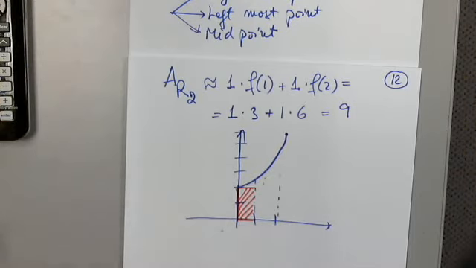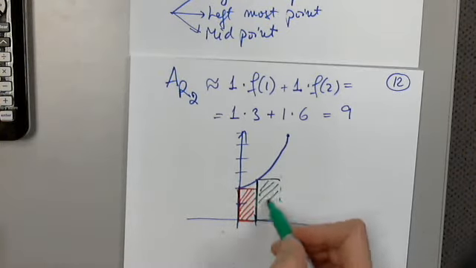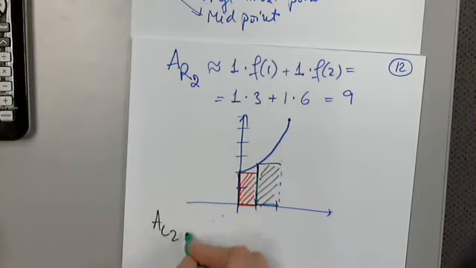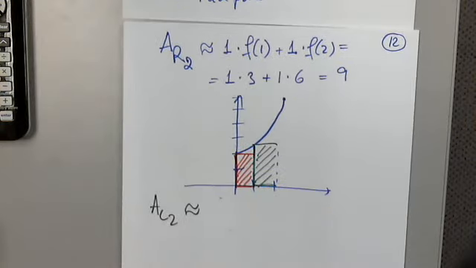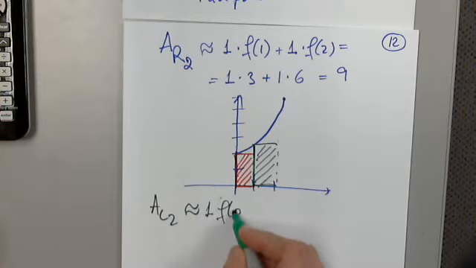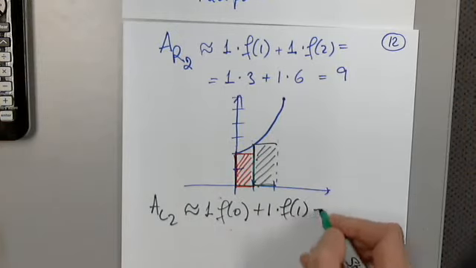The next one is base times height. Is this an overestimation of the area? So this will be a left 2 approximation. Is it an overestimation or underestimation? Underestimation. Perfect. So now this time I have 1 base times height, which is f of 0, plus 1 times the height, which is f of 1.